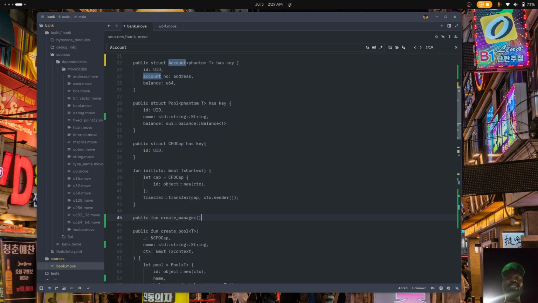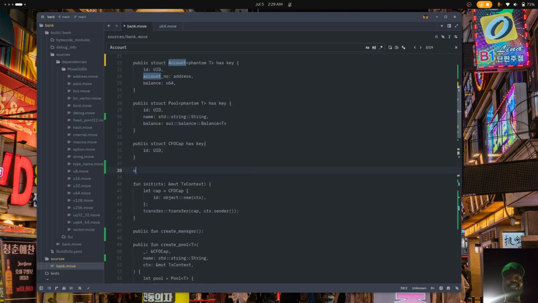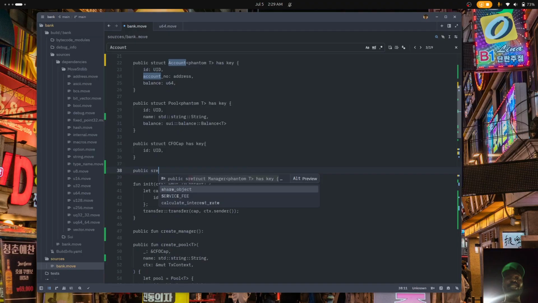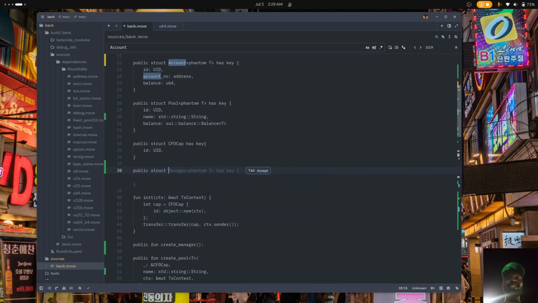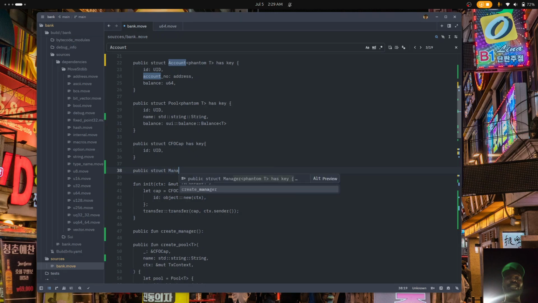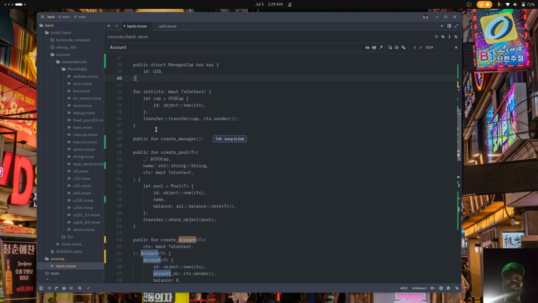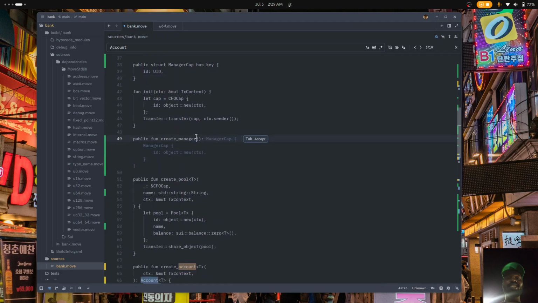So simple. This is going to give me a manager cap, a struct, manager cap as key, this way. So manager cap.